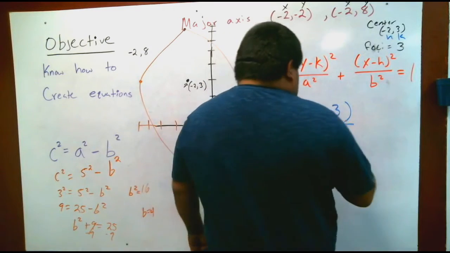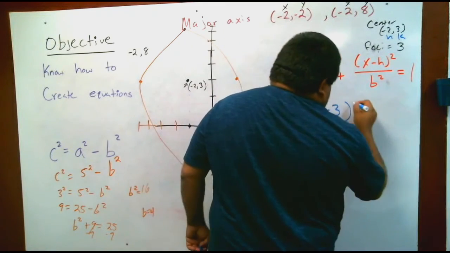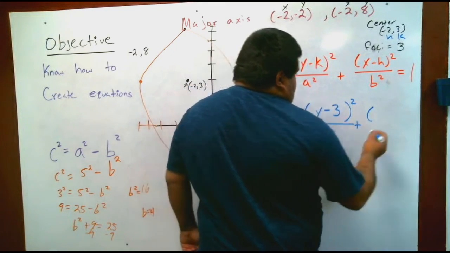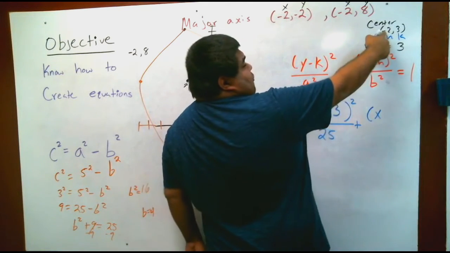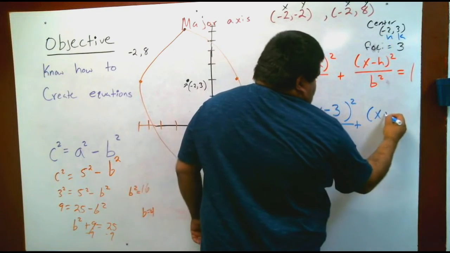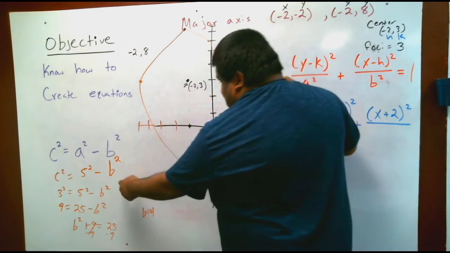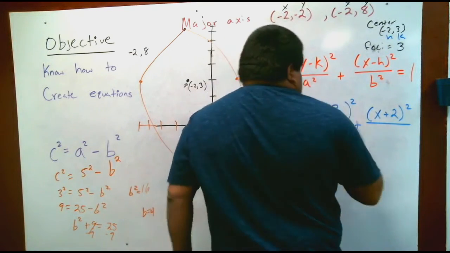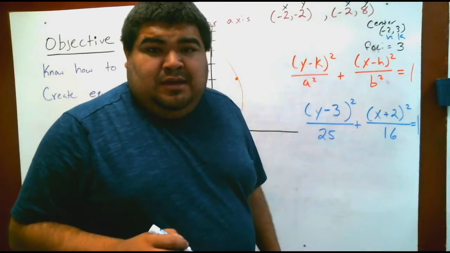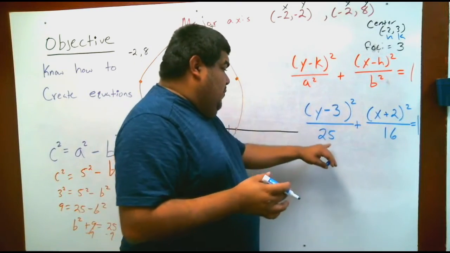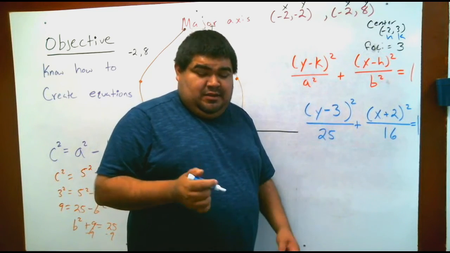So we can say 25 plus, don't forget the square on top, x minus h. Since the negative 2 is already in there, negative and negative makes it positive, plus 2 squared over b squared. Again, b squared is 16, equals 1. I will allow you to have it if you want 5 squared and 4 squared instead. That's fine too.